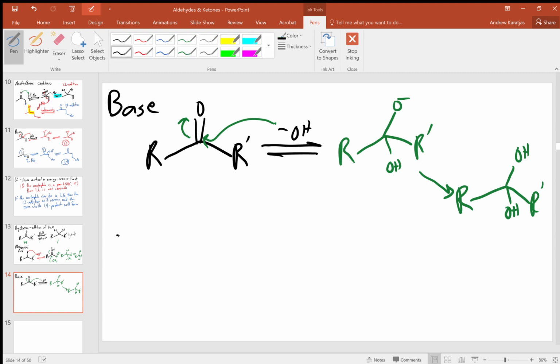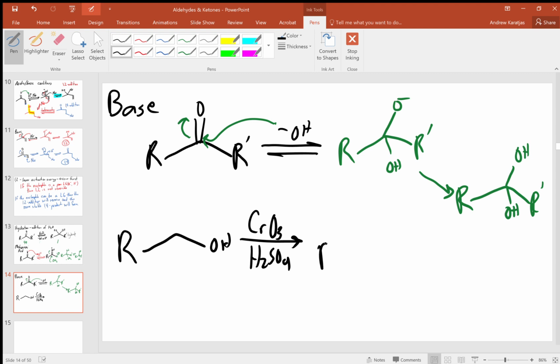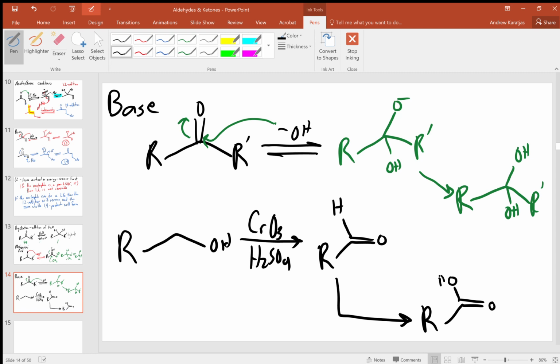So if you recall this oxidation, the primary alcohol using Jones reagent. And that would oxidize our alcohol to give us an aldehyde. But if you recall, the reaction didn't stop at this point. If we had started with a primary alcohol, that aldehyde would continue to get oxidized all the way to carboxylic acid.